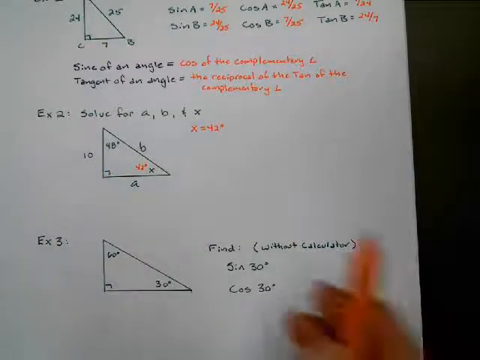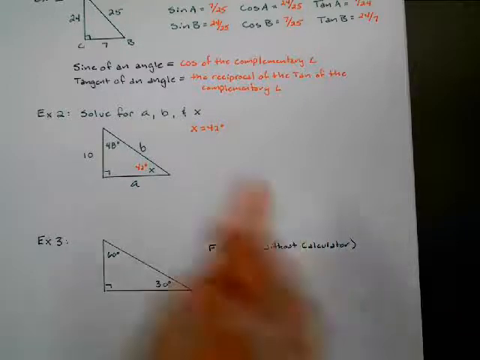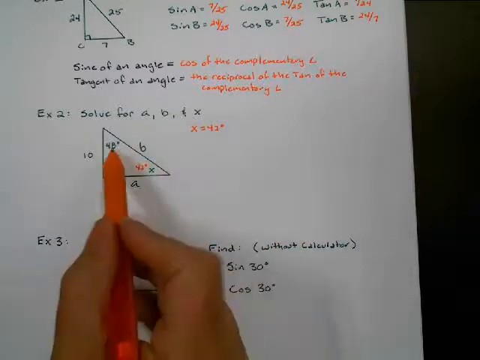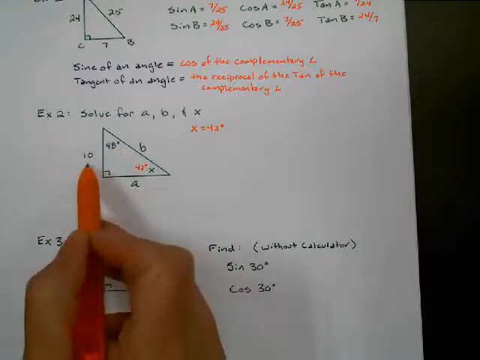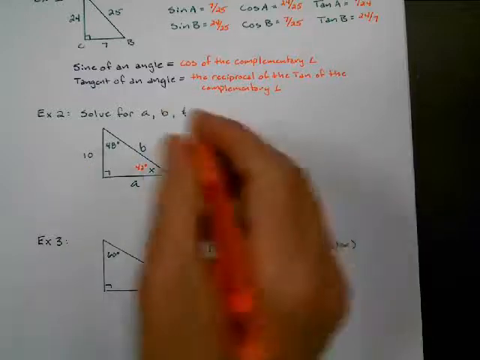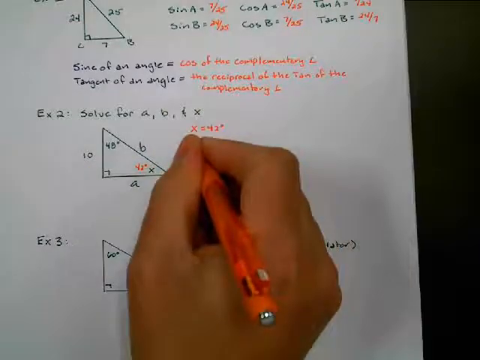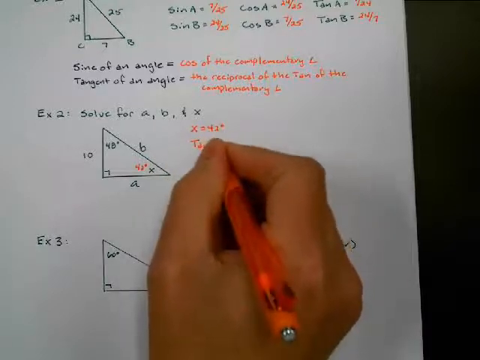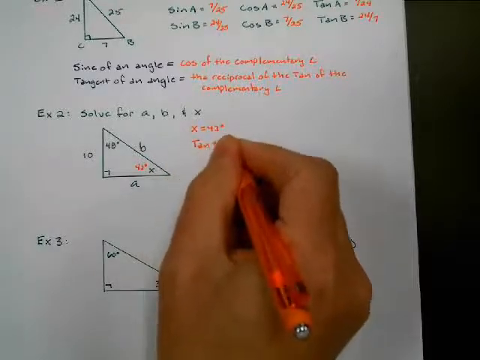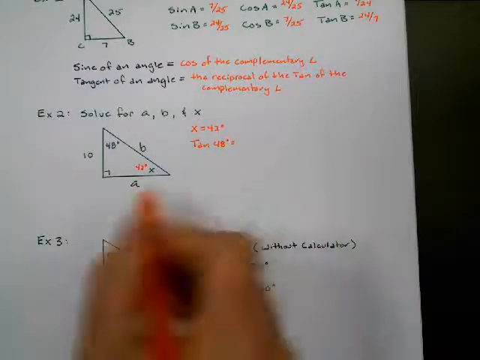So what I'm going to do is, let's start with this angle, and I'm going to do tangent because tangent does opposite over adjacent. So to solve for a, I'm going to do the tangent of 48 degrees is equal to a over 10.